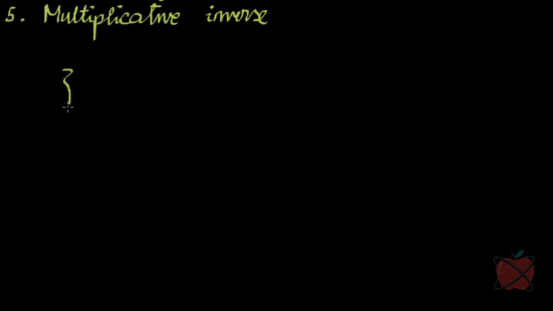Let's talk about the multiplicative inverse. We denote it as z to the power minus 1. So this multiplicative inverse is 1 by z. And that means 1 divided by a plus i times b. You know that method of rationalization?